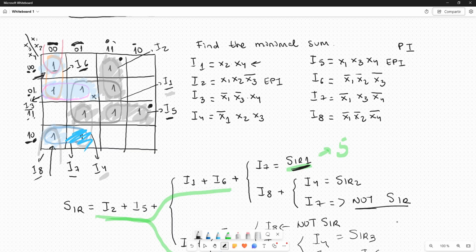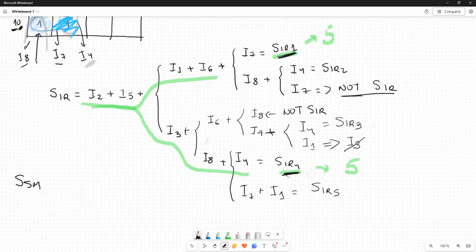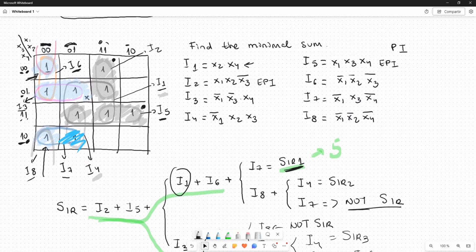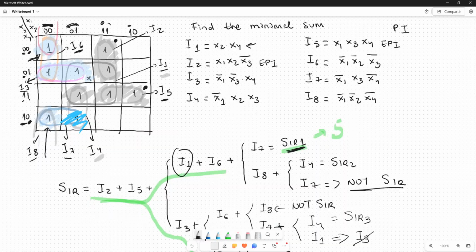So the irredundant sum that includes implicant 1 is going to be the strictly minimal sum, and that is irredundant sum 1. Okay, so irredundant sum 1 is going to be the strictly minimal sum. So I know that this is quite confusing in the beginning, so just ask me if you have doubts, follow the steps, and be tidy.